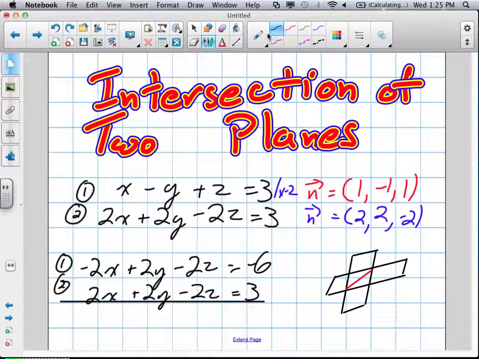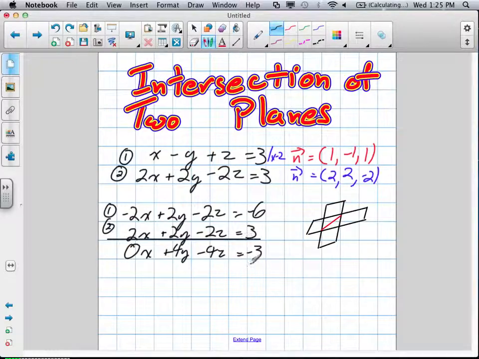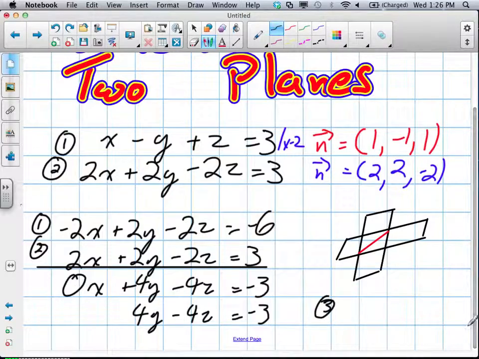We're going to add these two together. This will give us 0x plus 4y minus 4z is equal to negative 3. So our equation number 3 can read 4y minus 4z is equal to negative 3. So we have our third equation here.